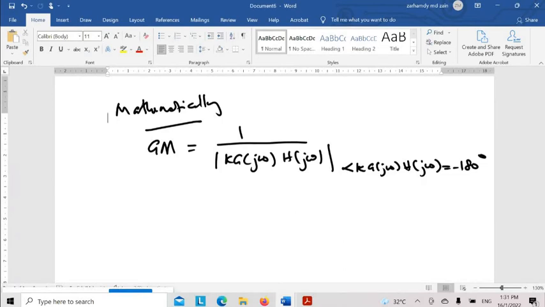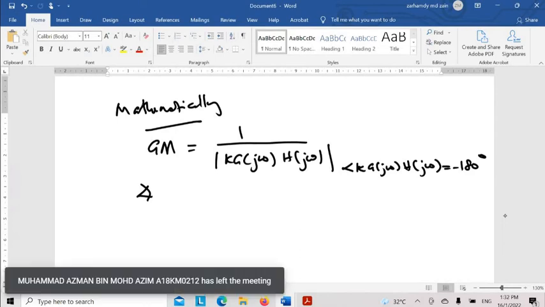So we need to identify the value of omega first, when the phase shift of the open loop is negative 180. Remember this. The purpose is to look for omega.